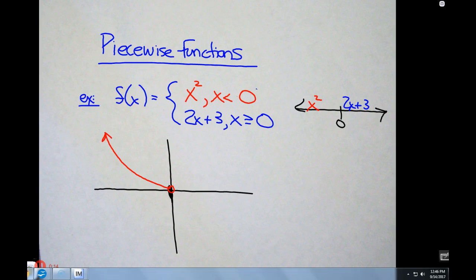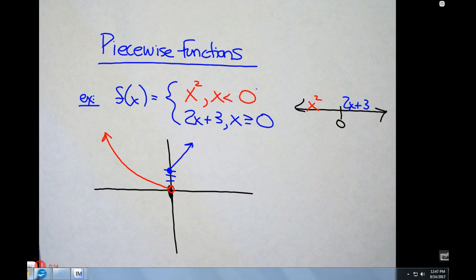Open because that's not an or equal to. And normally x squared would continue, but it gets cut off because that's only the piece that matters until you get to 0. From 0 on, this is your equation. So 2x plus 3 would have a y-intercept of 3, open circle or closed? Closed. And then it would go like that.